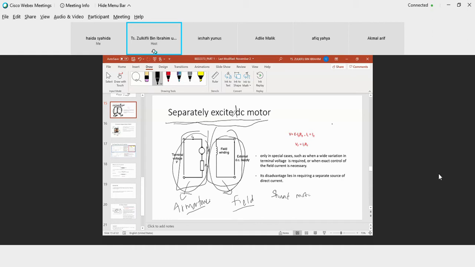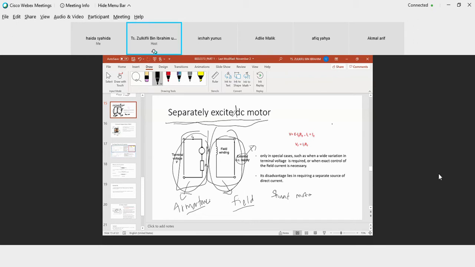The difference is, in the shunt motor the field winding is connected to the terminal voltage, but this one you have a separate field winding. The field winding is separately excited, which means that you need an additional external DC supply to supply the DC field winding.